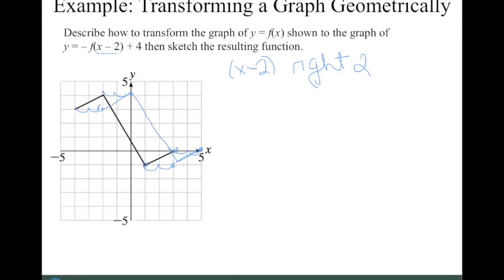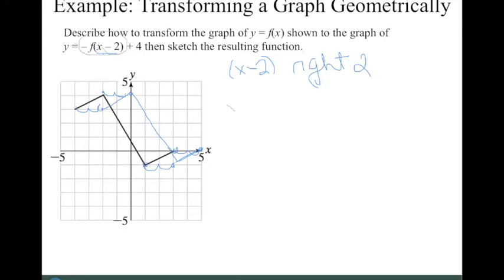Okay, so let's do the next one. Order of operations wise, now I do f of x, and therefore I'm now going to do vertical transformations, right? So the next step would be to multiply by that -1.